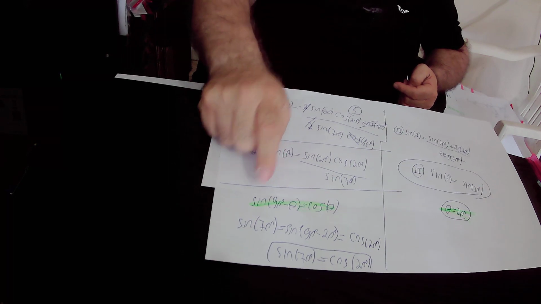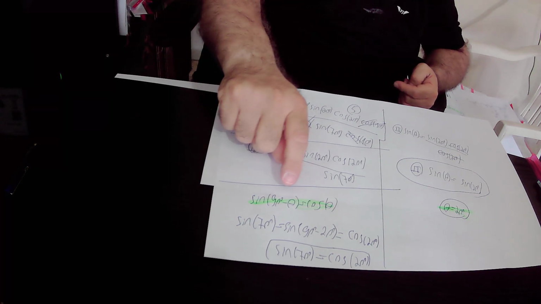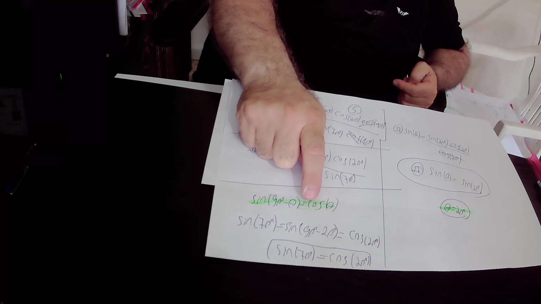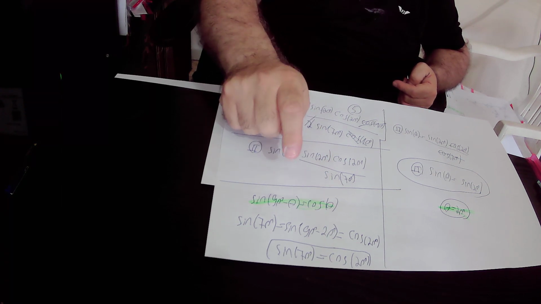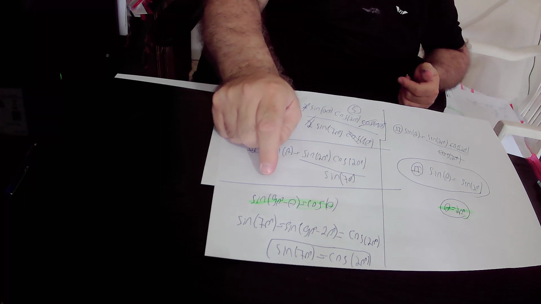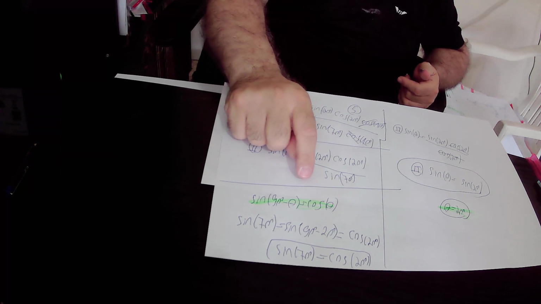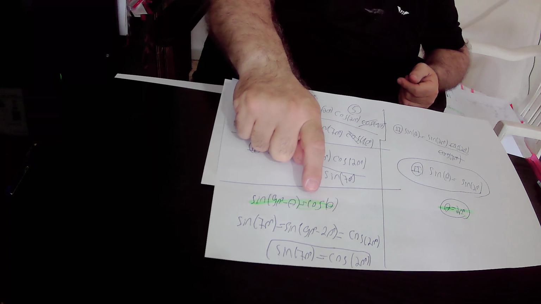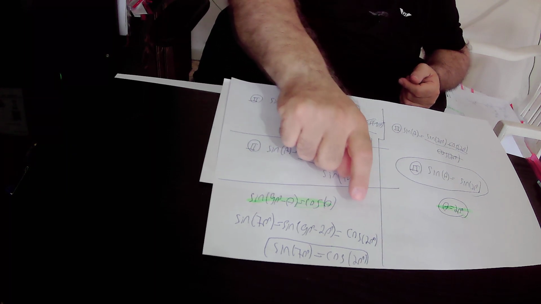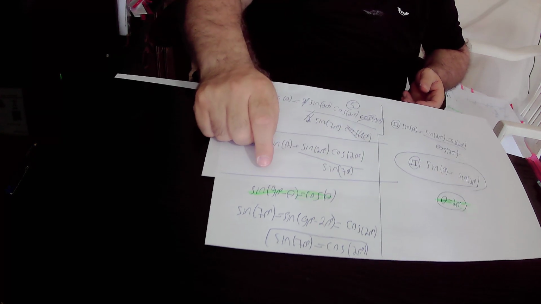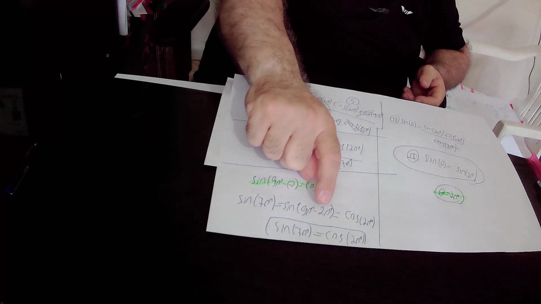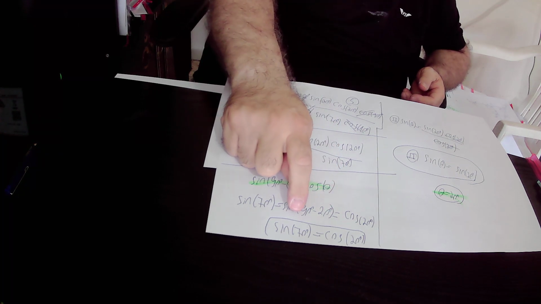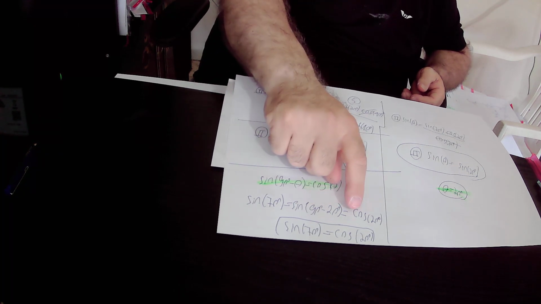Therefore, sine 70 degrees is equal to sine 90 degrees minus 20 degrees, and according to the identity, that will be equal to cosine 20 degrees. So in conclusion, sine 70 degrees equals cosine 20 degrees. Therefore, we can substitute sine 70 degrees in equation number 2 by cosine 20 degrees.